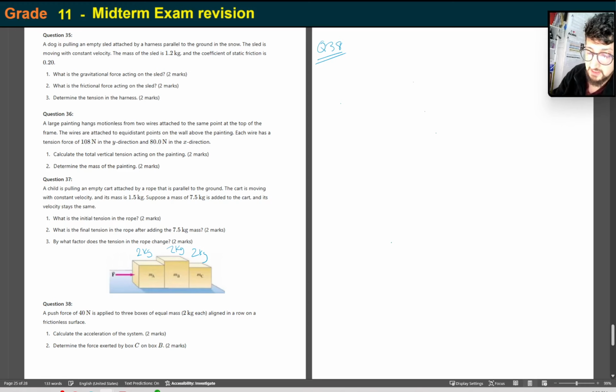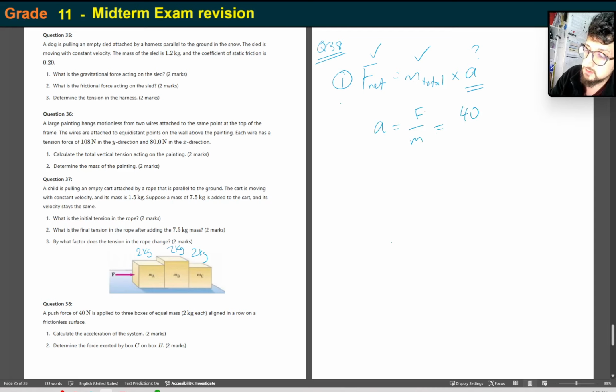So that's the easiest thing. I love when they say calculate the acceleration of the system, because all I have to do is go F net equals total mass multiplied by acceleration. So we're trying to find this, and we have this and this. Acceleration is equal to net force over total mass.